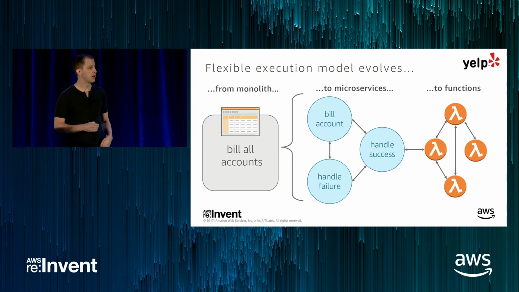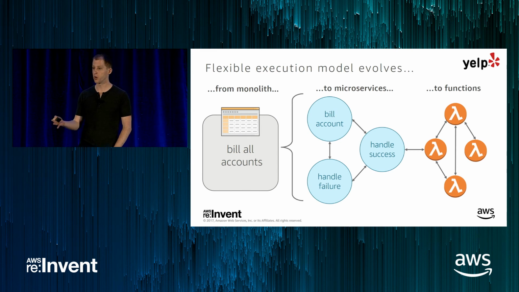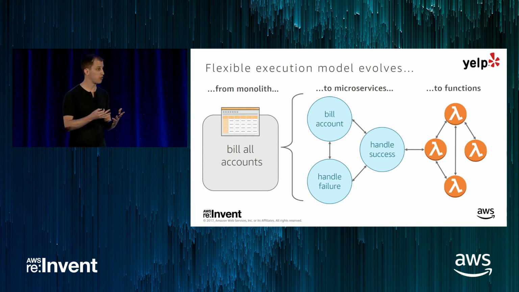So I want to take a step back and talk about overall the benefits that we've seen. Now, I don't know about all of you. I don't know where the code that you work with is on this spectrum from a monolithic world to services or microservices, or even all the way over to functions like Lambdas. But I can say for myself, my code tends more toward the monolithic side.